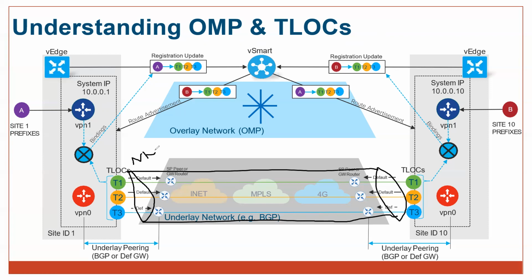If you know that from this next hop you can reach that next hop, that means you have IP reachability via any media. Next hop to next hop reachability should be there. That means this device is learning the next hop of that device and vice versa. If you remove that learning of the next hop, they will not form the IPsec tunnel.